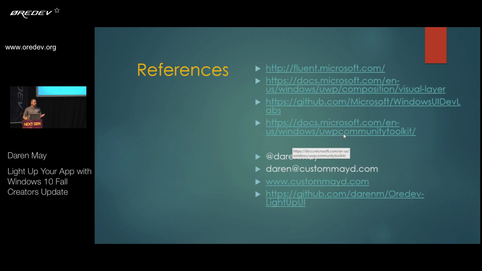It has more than just composition in there, has other helpers, controls. As an example, it has a text block that displays Markdown. So it'll actually do a full render of Markdown, but it's actually using text blocks and runs, very similar to rich text being presented. So it's a very useful control. Lots of people contributing to it.